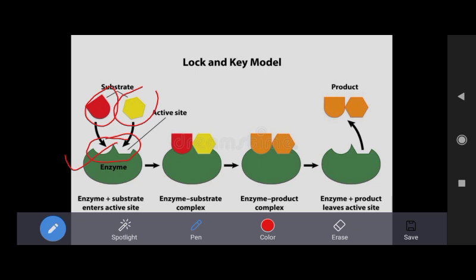It is a site where the substrate binds. In the next step, the enzyme substrate complex is formed. Can you tell me, students, in this step, what will happen to the activation energy? Will it get lowered or will it be elevated?